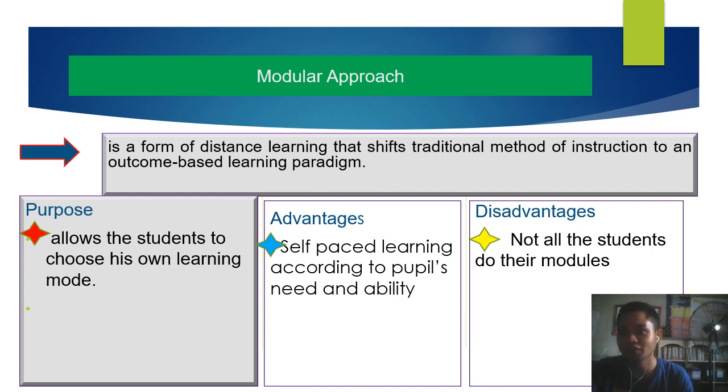As of last school year, I interviewed some of the learners who used modular as their way of learning. There's a disadvantage in a way, that our educational system may adapt to what is current, but as teachers, we have to act.